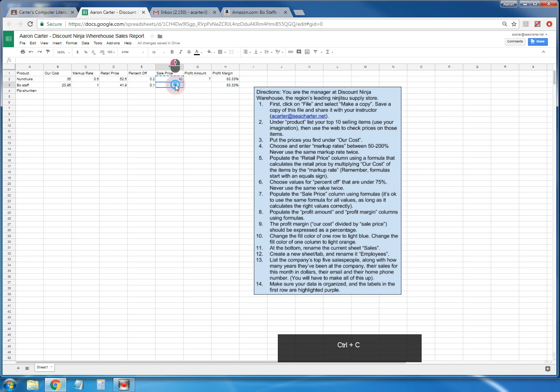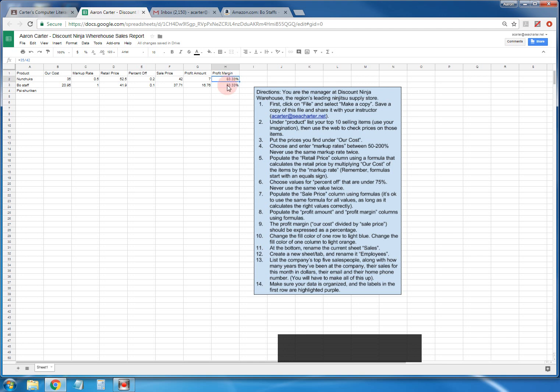Control copy, Control paste. You'll see when I did all that, it should have changed this, but it didn't. And that's because we used 35 and 42 instead of telling it which column to find the values in. So every time you copy and paste this, it's always going to tell you what 35 divided by 42 is. We don't want that.